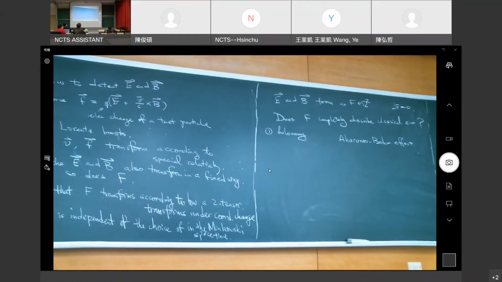But if the curvature of a line bundle is zero in a region and we still have a holonomy, that means we have detected the effect of a flat connection. Once we detect the effect of a flat connection, it shows that F itself as a two-form is not everything. There is additional information, which is holonomy, related to the connection. So this is how we should proceed.